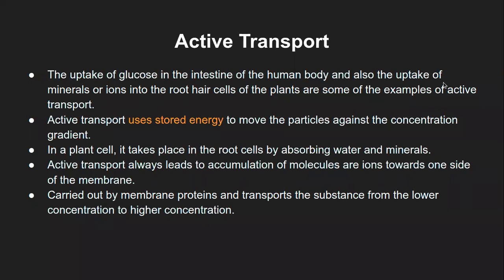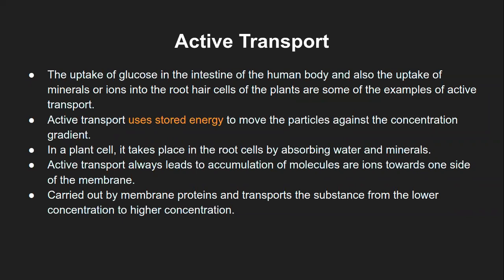So when we say that uptake of minerals into the root hair cell is an active transport, what that means is that it is an active process, against the concentration gradient, and it needs energy. That is the fact. Now, when we say uptake, the minerals are being taken from the soil inside the roots, right?